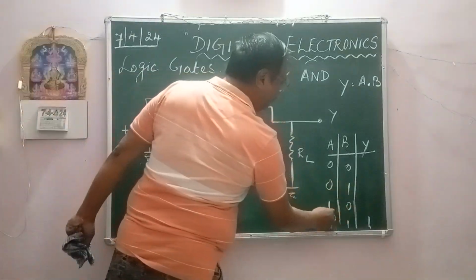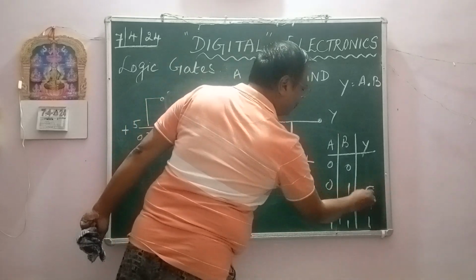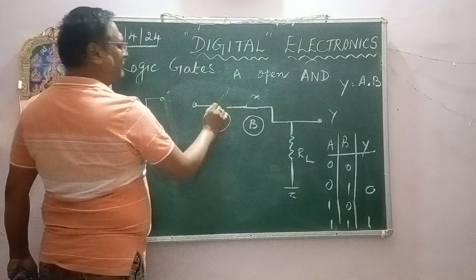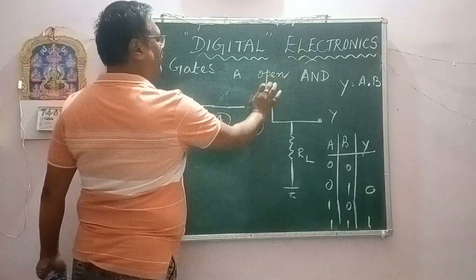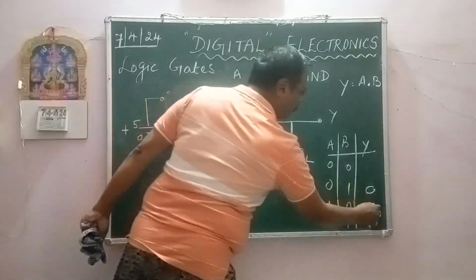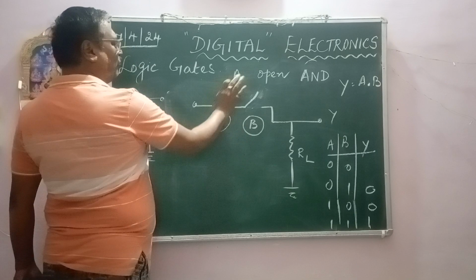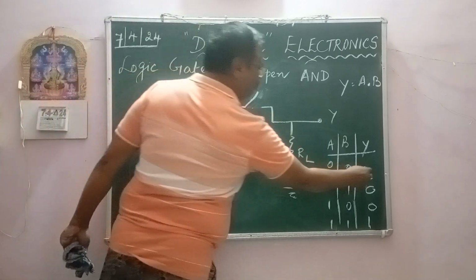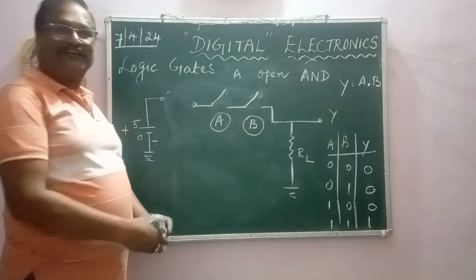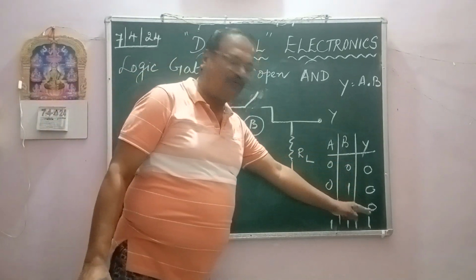Or let us say A is closed but B is open, again current will not flow through. If both are open, very simple, no current will flow through. So the output is 0, 0, 0, 1.